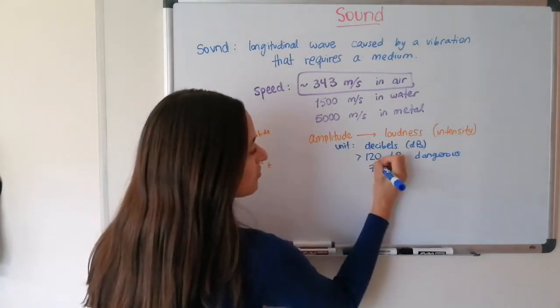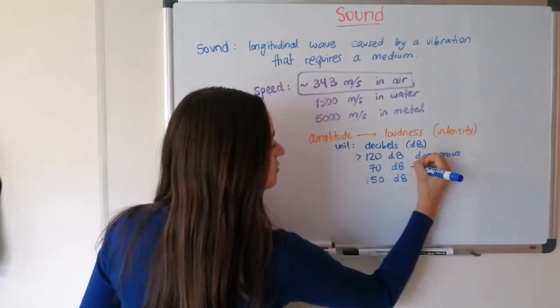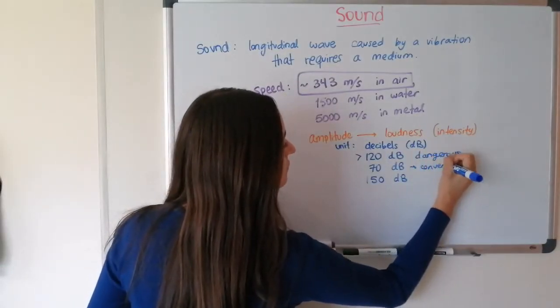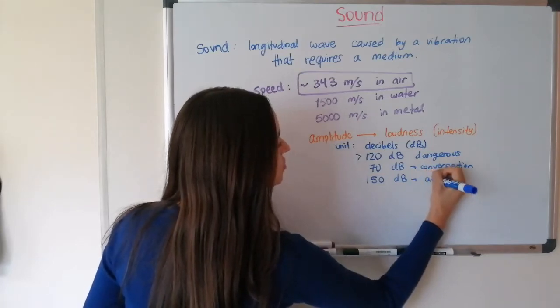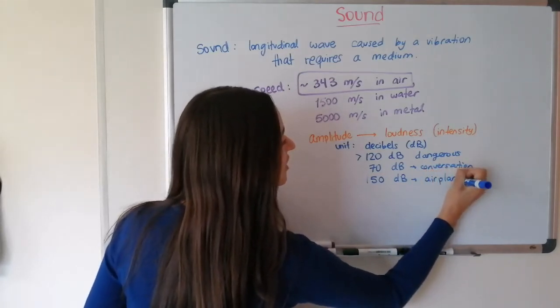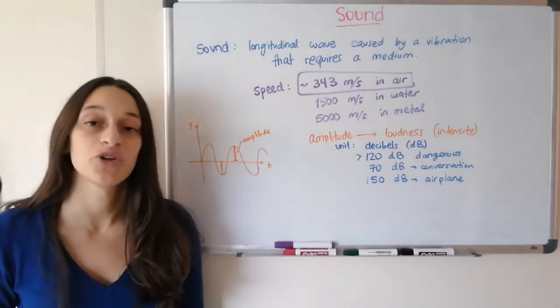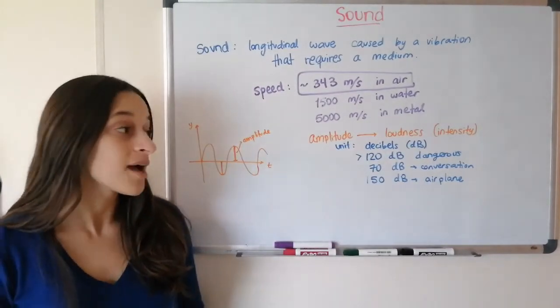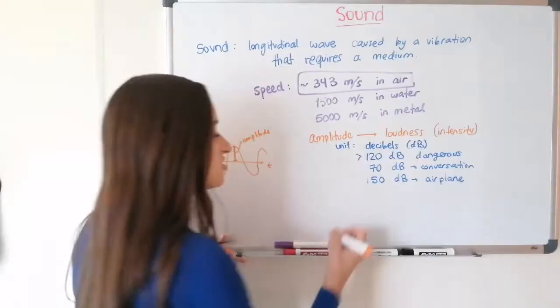To compare, about 70 decibels is the sound of someone talking in front of you. So this is conversation. And if you're in an airport really close to an airplane and you hear the airplane leaving the airport, that would be around 150 decibels. So that's amplitude. And what does frequency determine? Frequency determines pitch.